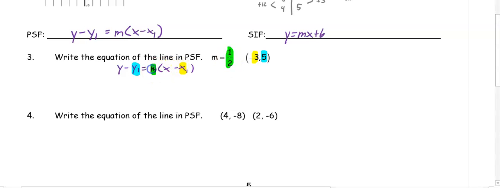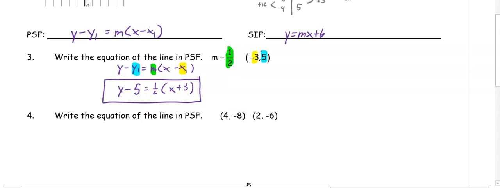Everything else stays the same. So when we substitute in, we get the equation y minus 5 equals 1/2 times x plus 3. Now, the reason that it's x plus 3 is because it gets the opposite sign when it goes in the equation. So if it was negative as the point, it's positive in the equation.